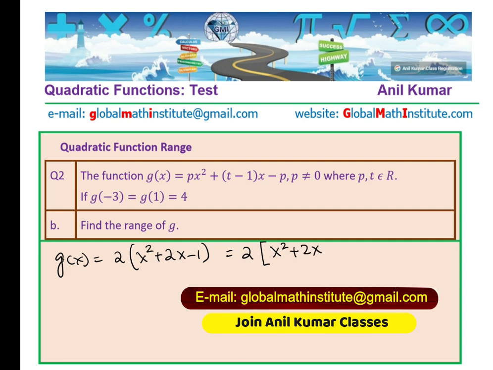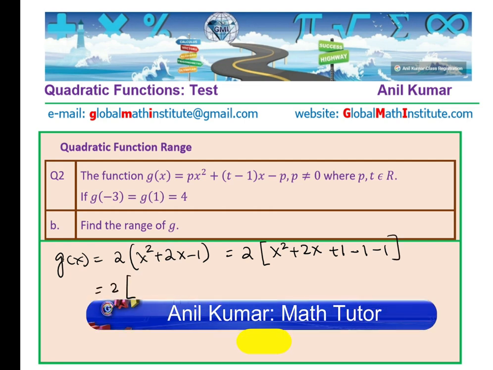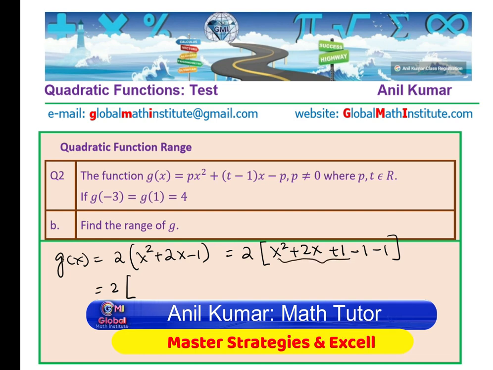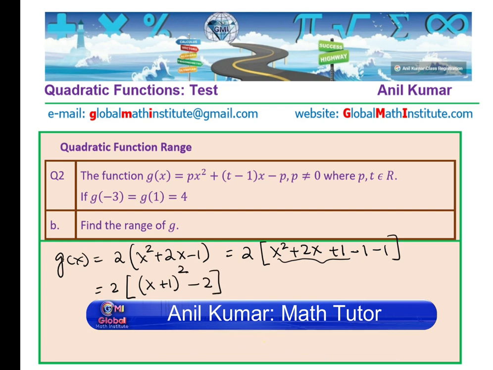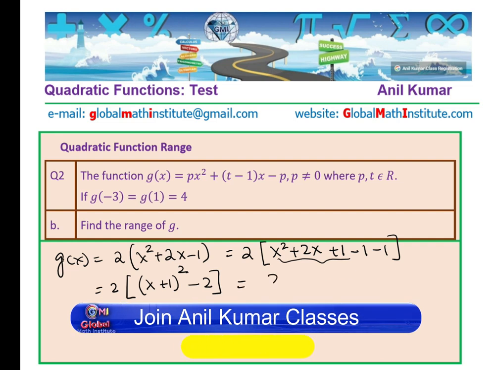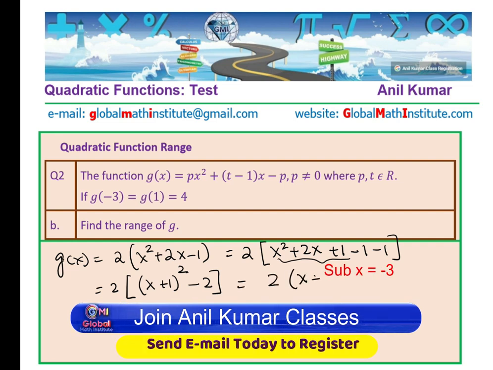We'll add and subtract half of 2, which is 1 square, right? So we'll add and subtract 1. We already have minus 1 here, right? So that gives us 2 times. These three terms form a perfect square, which is x plus 1 whole square. And outside, we get minus 2, right? So that gives us, let me write down here, 2 times x plus 1 whole square minus 4.